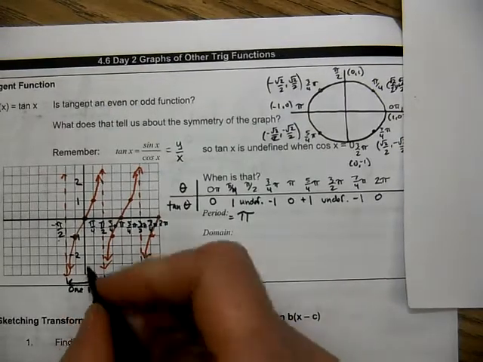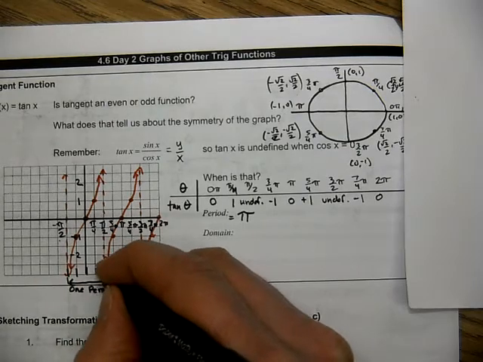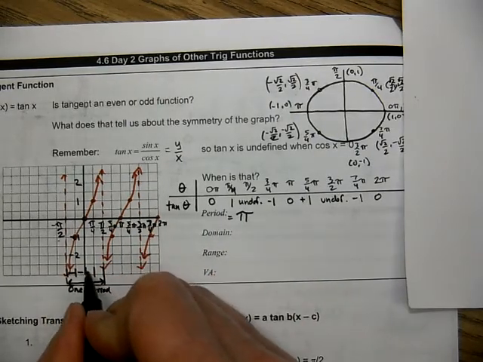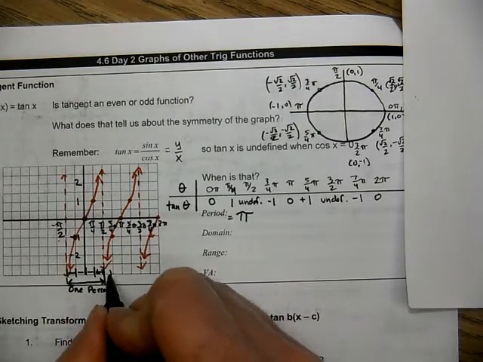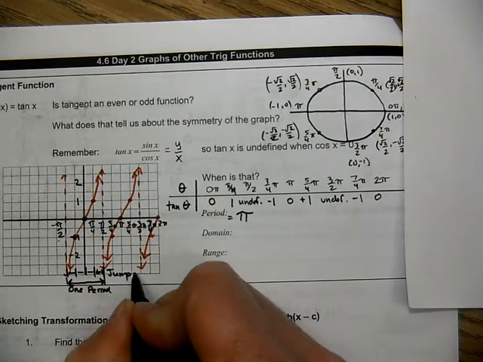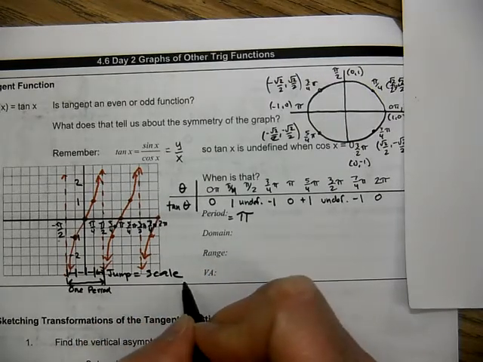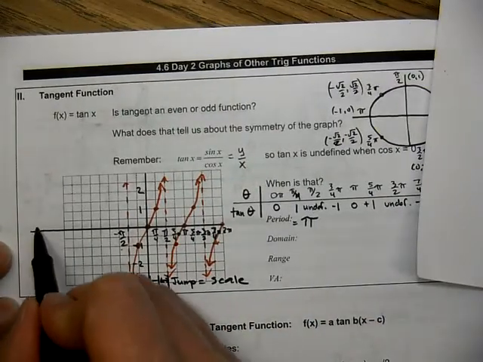So we also have the jump. Remember we talked about the jump or the scale. We take that period, we divide it into 4 equal parts, and each of those is what we call the jump or the scale. And again, here is our midline or axis.